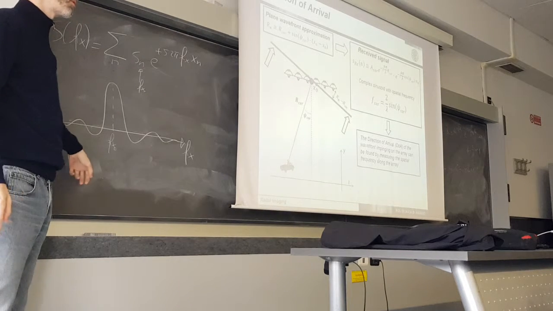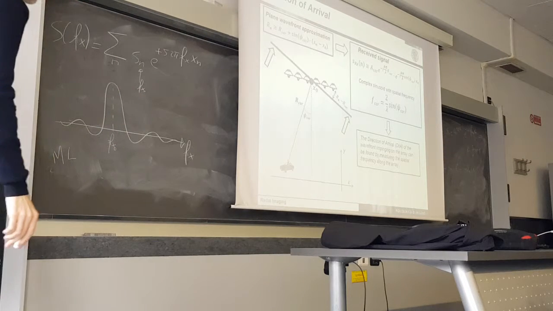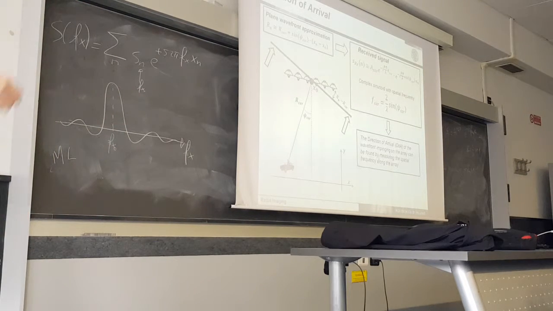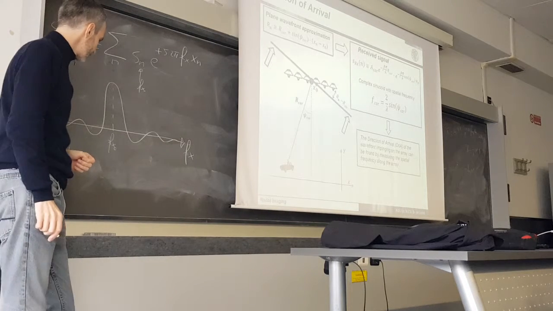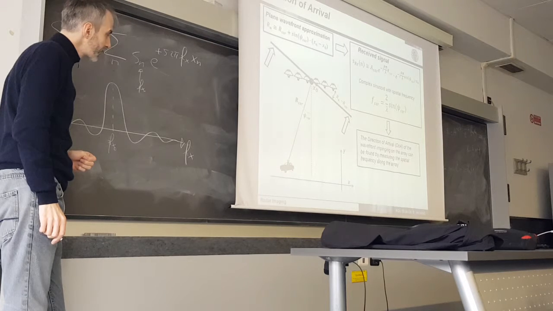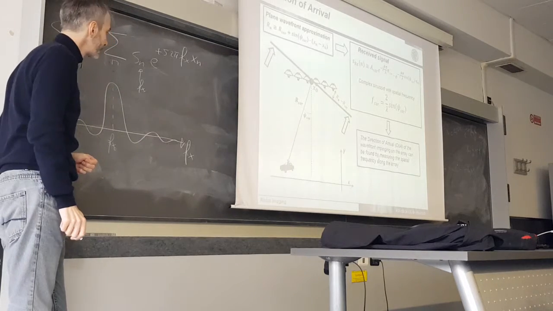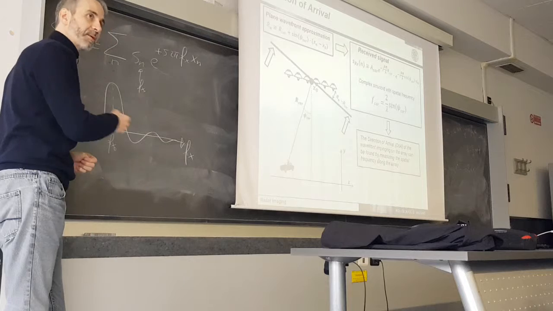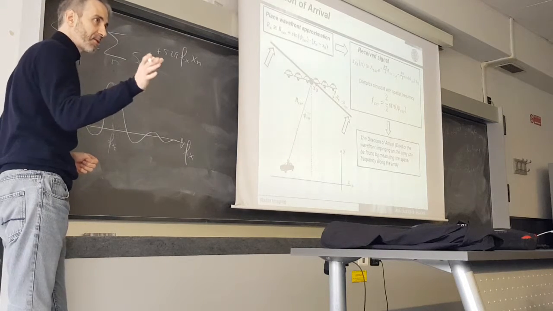This is a maximum likelihood estimation of the frequency of a target, of a sinusoid. So you just do a Fourier transform, and the peak tells you the frequency, hence the angle of the target.